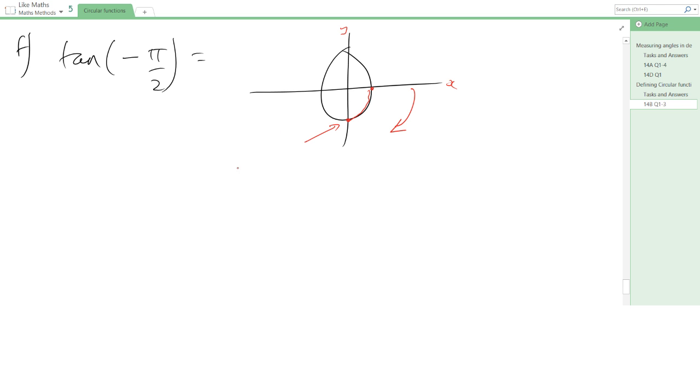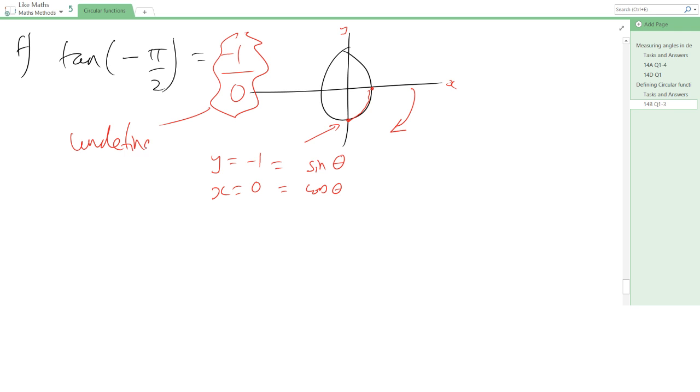So here y is -1, x is 0, y is given by sine of the angle, x is given by cos of the angle. So tan of minus pi over 2 is equal to sine over cos, so sine -1 over 0, and that's another undefined.